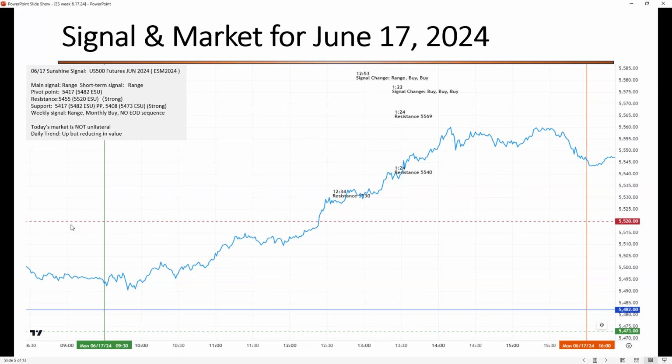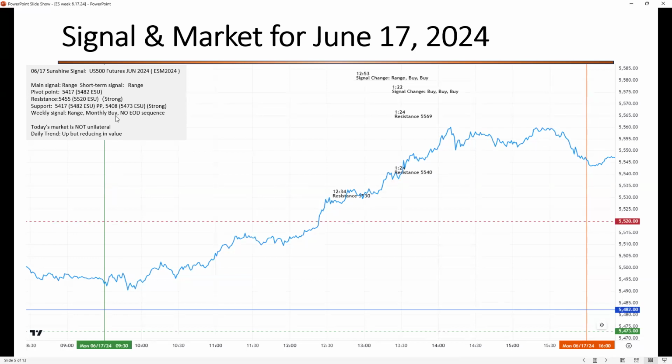And for this week's chart, I've added the pivot point line along with resistances and supports on the chart to hopefully make it a little bit easier for viewers to follow. For the midday updates, I did not include lines because I thought that made the chart a little bit too messy. But the initial supports and resistances are provided here.